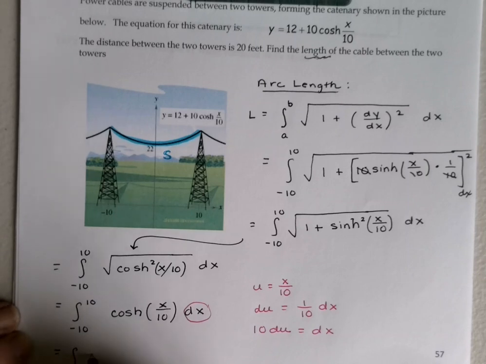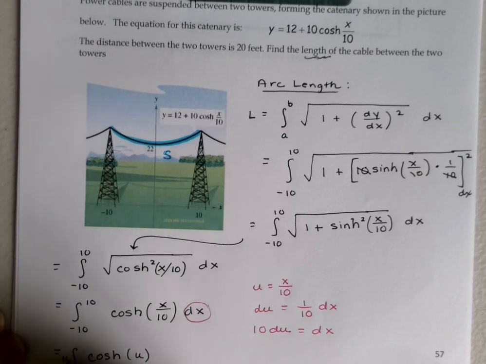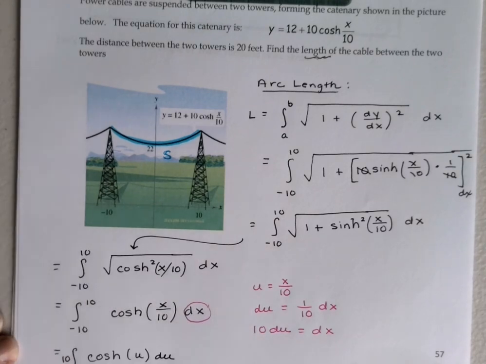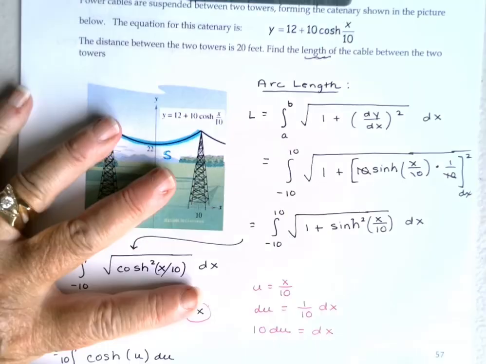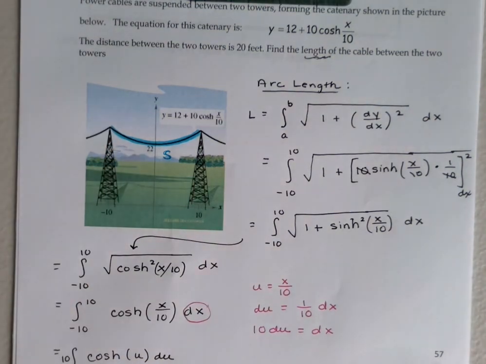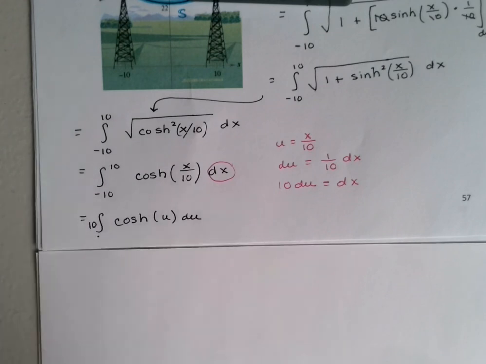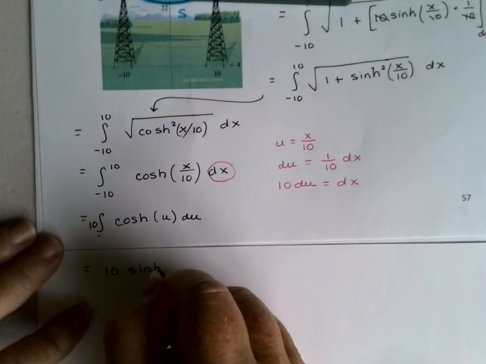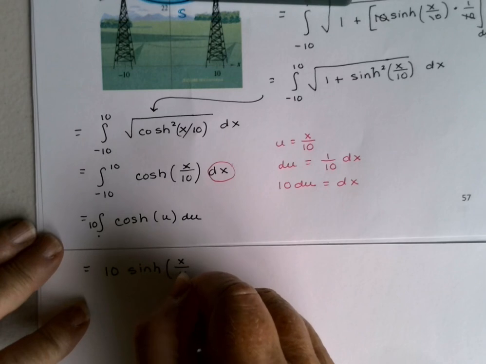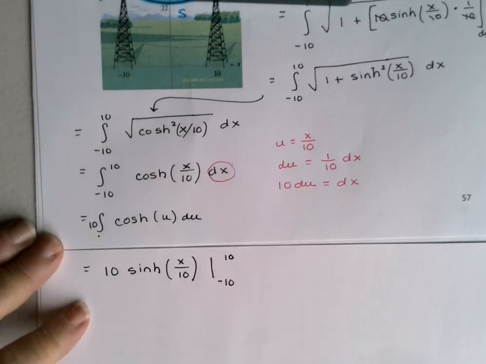So the integral of cosh u, and I'll replace the dx with 10 du. And let's see, the integral there would be 10 times the hyperbolic sine of the u, which is x over 10. And this was supposed to go from negative 10 to 10.